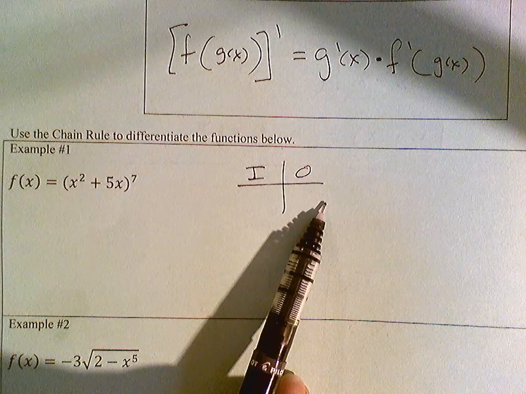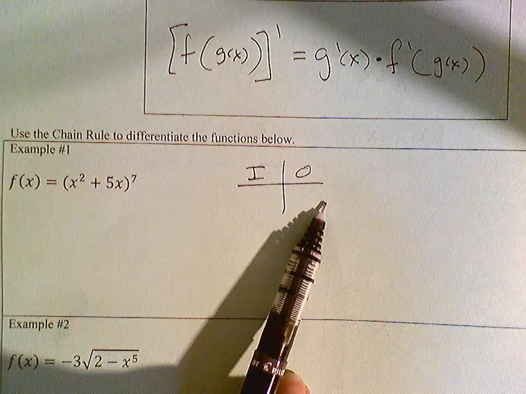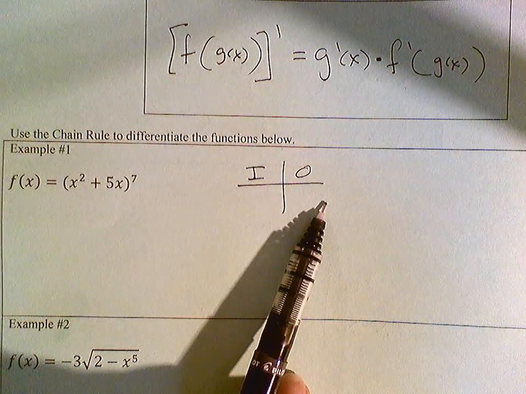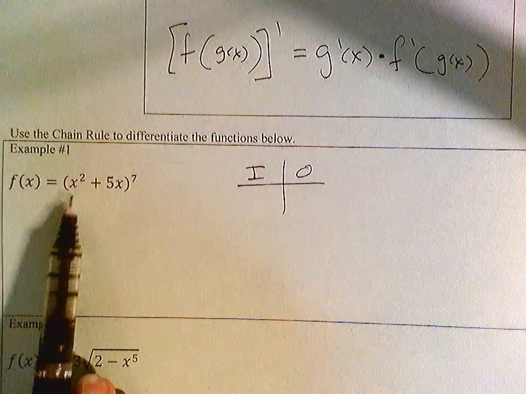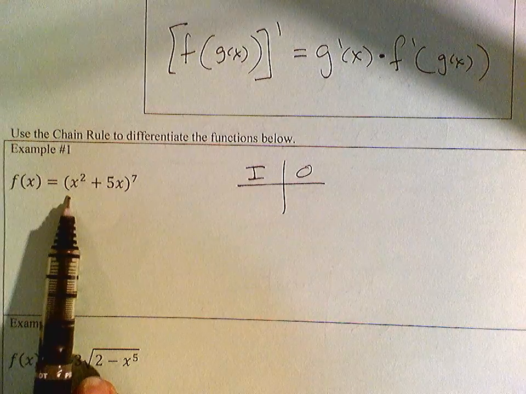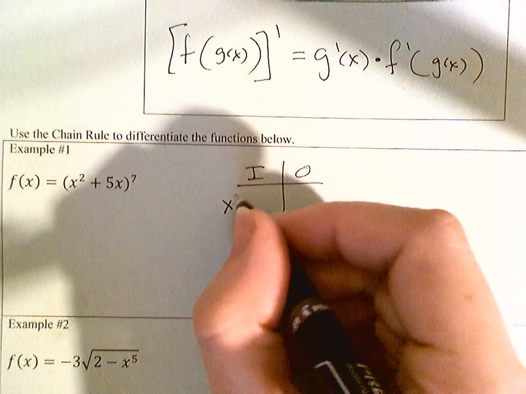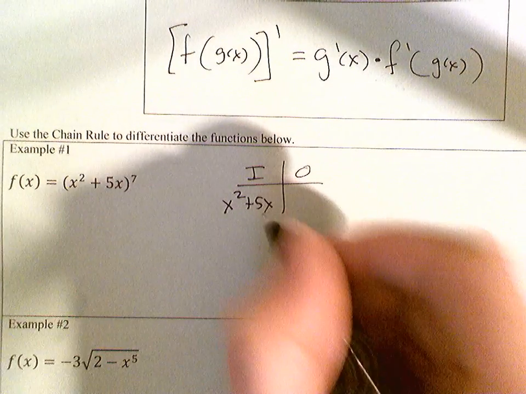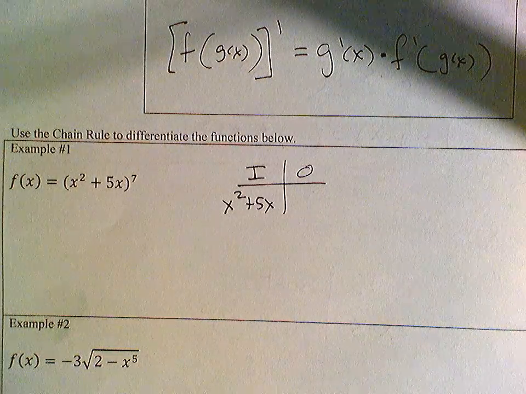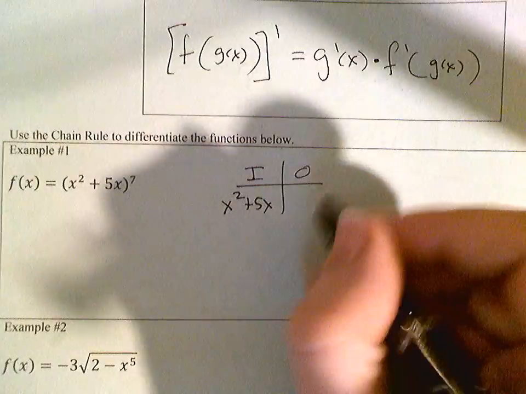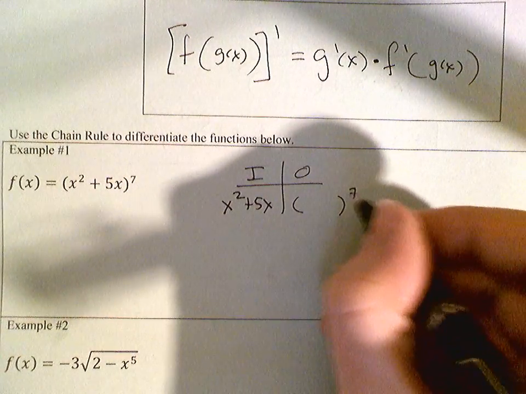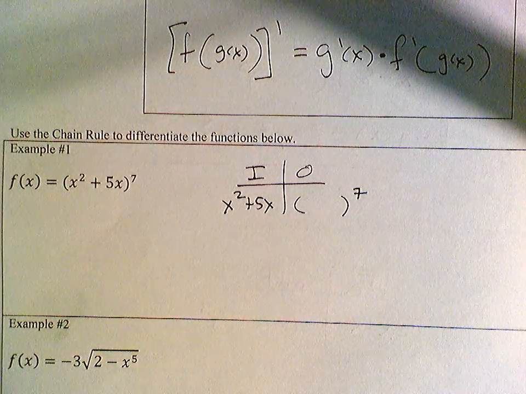To find the inside function, we practiced this yesterday, look inside parentheses, look under radicals, things like that. So I see x squared plus 5x is inside of parentheses, so I'm going to let that be my inside function. Well, what function is it inside of? It's inside of blank to the 7th.